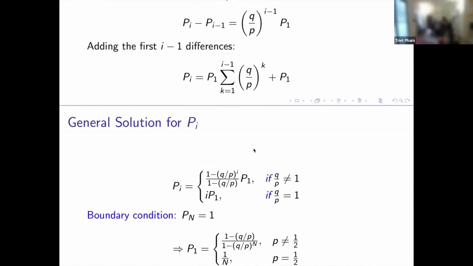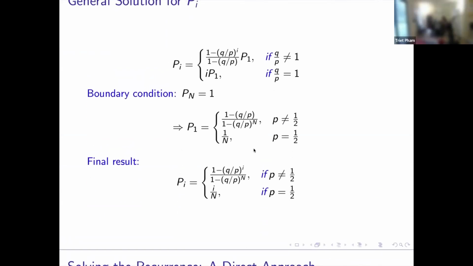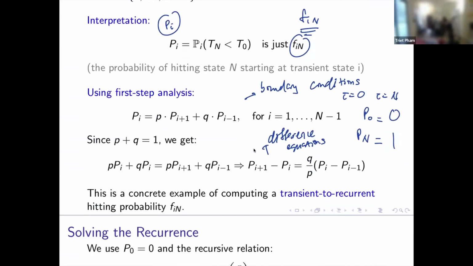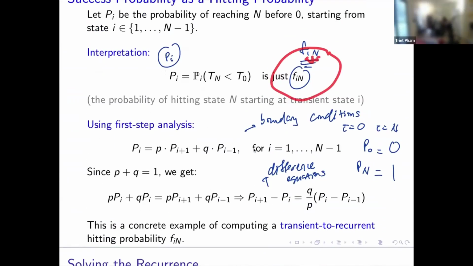And so that's it. Again, the answers here are not fundamental to us in the understanding of Markov chains overall. The problem is fundamental to us in the sense that it shows us a way to calculate the probability of eventually going to a recurrent state from a transient state.